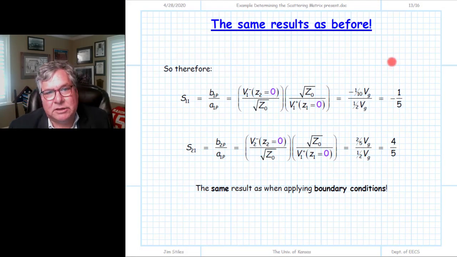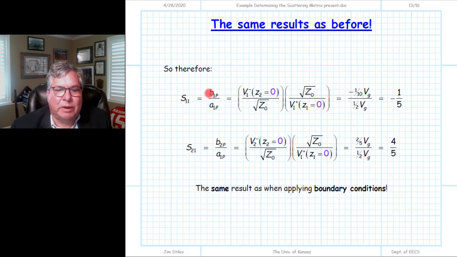So now we can find our scattering parameters in the first column here. S11 is the normalized scattered wave amplitude B divided by the normalized incident wave amplitude A. We now know what the minus wave voltage at the port plane is.